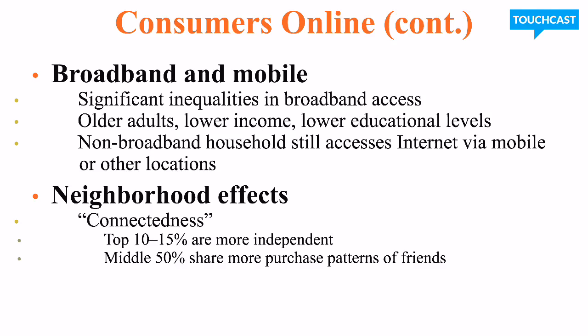Non-broadband households, though, still access the internet, but most times they will do so through their mobile devices or other neighborhood locations. One of the things that we often encounter with regard to usage of the internet is what we call the neighborhood effects. It's the concept of connectedness that we need to look at. So the top 10 to 15% of those of us who are connected now are much more independent, while the middle 50% share more purchase patterns of their friends.